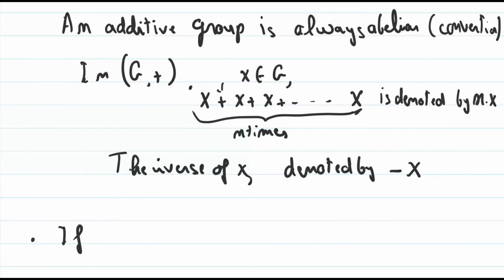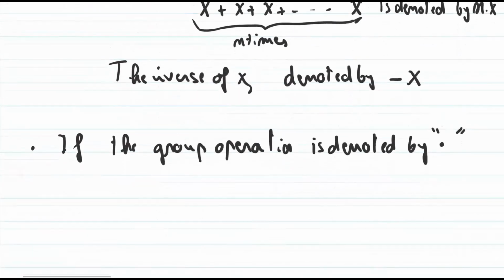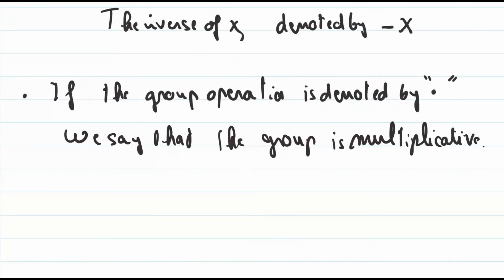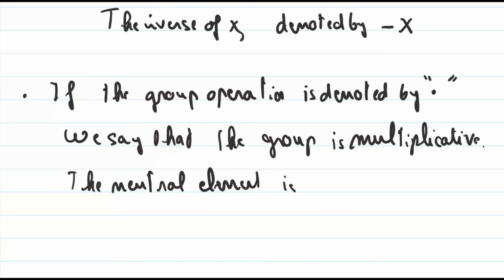So if the group operation is denoted by multiplication, we say that the group is multiplicative. In this case, the neutral element is denoted by 1, or 1 index G if there's some confusion.